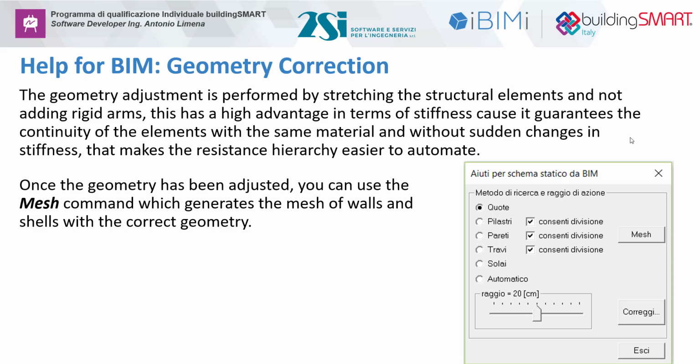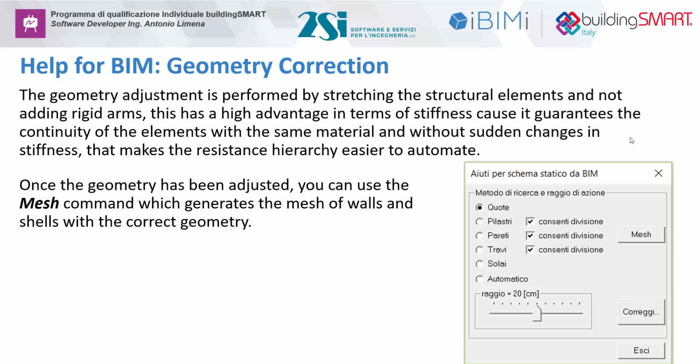But this generates some kinds of problems, because the file is going to become a lot heavier, and you're going to have sudden changes in stiffness between the elements that make the resistance hierarchy more difficult to automate. So yes, this is what is reported in this slide.